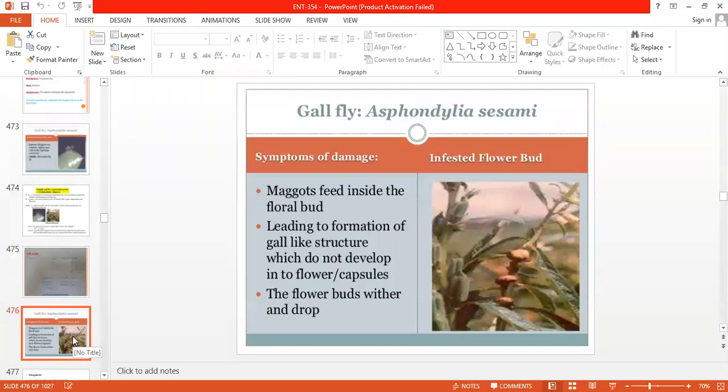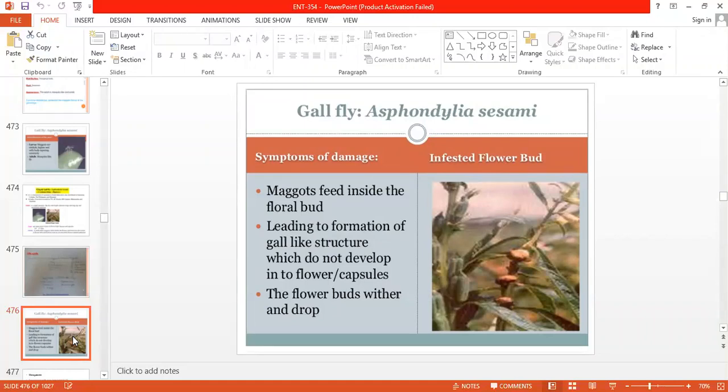Nature of damage: this is a dipteran order pest, and its damaging stage is the maggot. After hatching from the eggs, the maggot feeds on buds and causes gall formation in the place of a pod. So the maggot mainly feeds on flower buds, flowers, and developing capsules. They form a gall-like structure instead of pods.